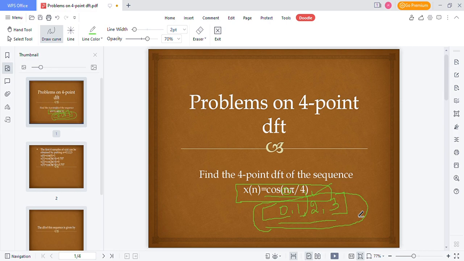That is the basic agenda. You have to see what types of questions are present, and understand the simplification for that particular one. Here the simplification is: you apply the values of n, get the resultant, and then start applying the 4-point DFT procedure, right? Like that you understand until the simplification part.